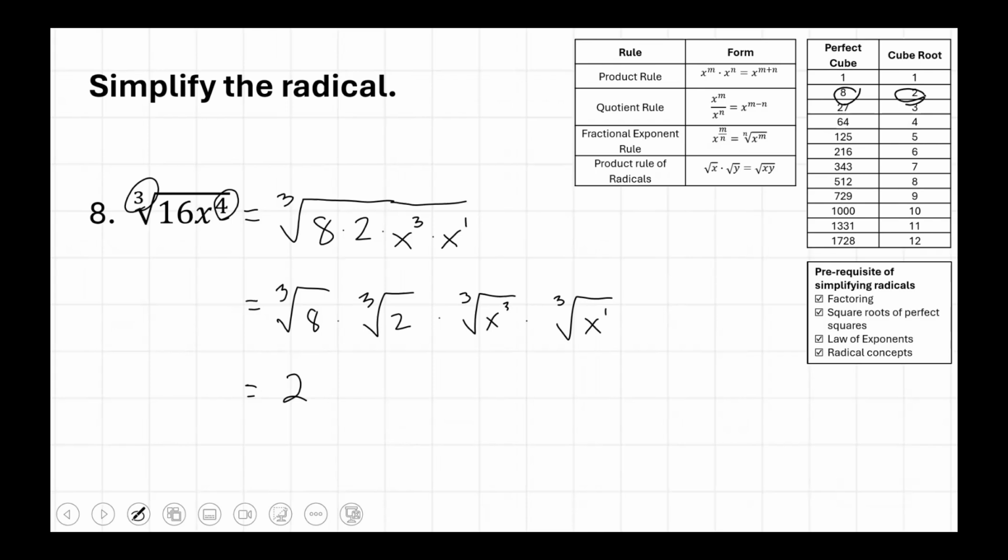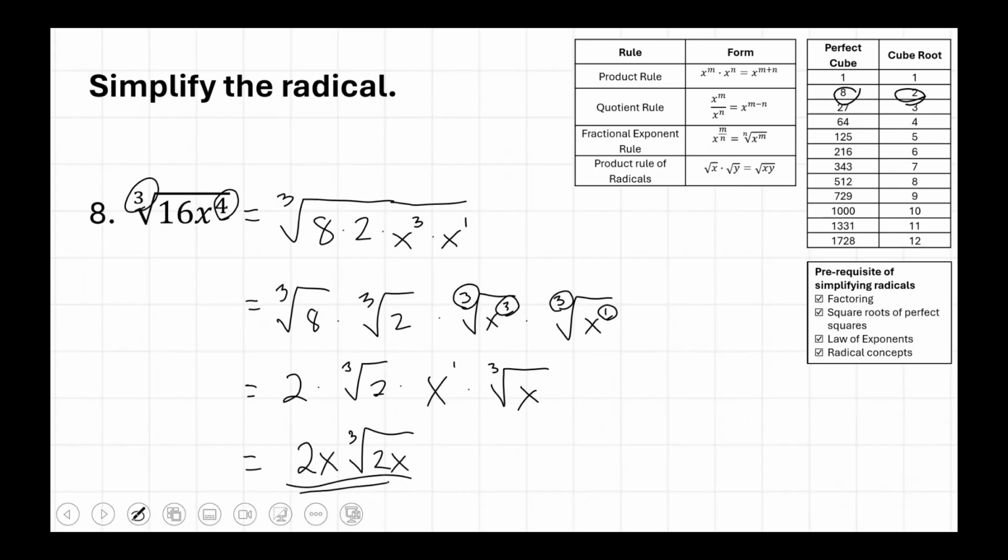Cube root of 2 doesn't have any, so it stays inside your radical. The numerator divided by denominator is 1 times 1 divided by 3 cannot be, so it stays inside your radical. Then we combine 2x times cube root of 2x. And that's your simplified form.